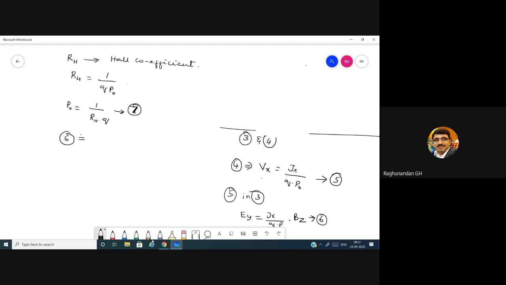One more equation: if I rearrange equation number 6 in terms of P naught, what will I get? P naught is equal to Jx divided by Ey into Q into Bz. So now we have obtained two equations: P naught is equal to 1 by RH into Q, and P naught is equal to Jx by Ey into Q into Bz.